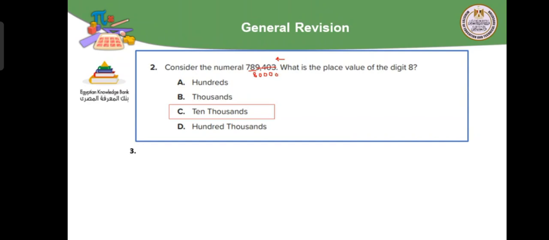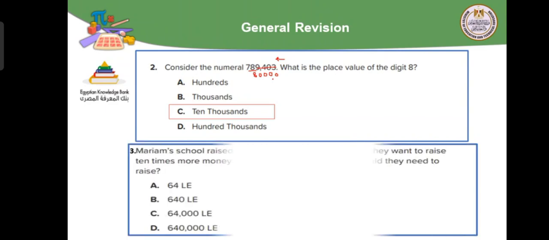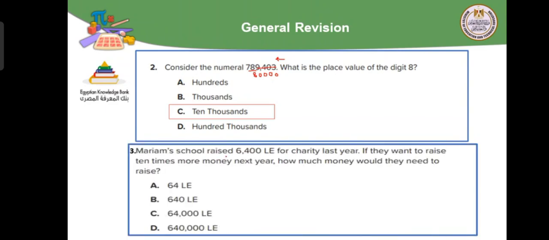Number 3. Mariam's school raised 6,400 Egyptian pounds for charity last year. If they want to raise 10 times more than this, okay, so 10 times more money, what should I do? Multiply by 10. So how much money would they need to raise?